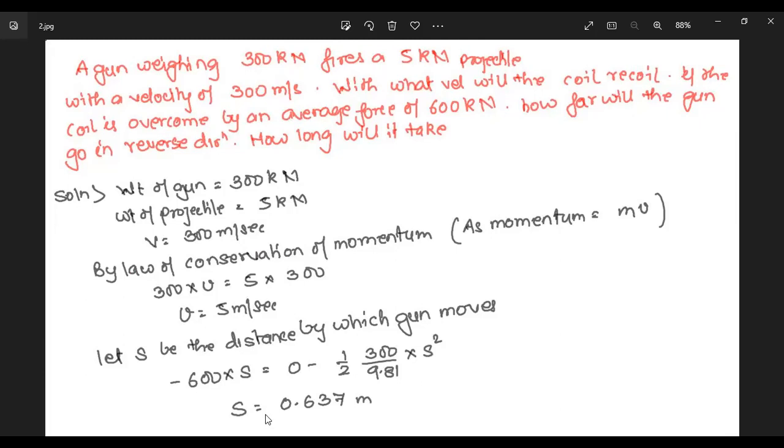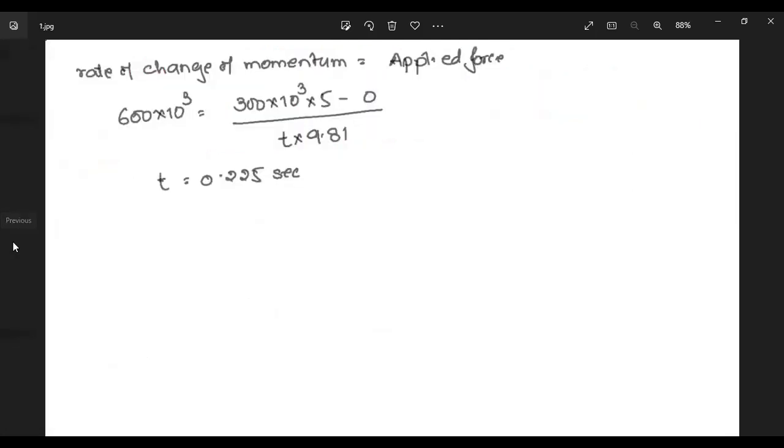So s comes out to be 0.637 meters. So 0.637 meters is the distance traveled by the gun without any resistance in the backward direction due to the firing of the bullet.